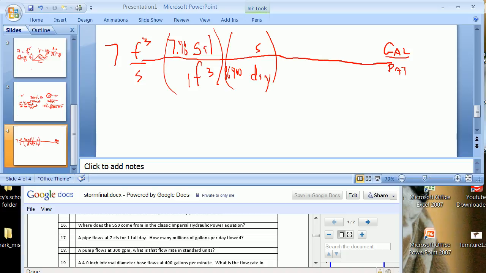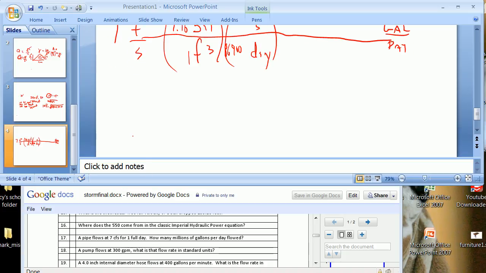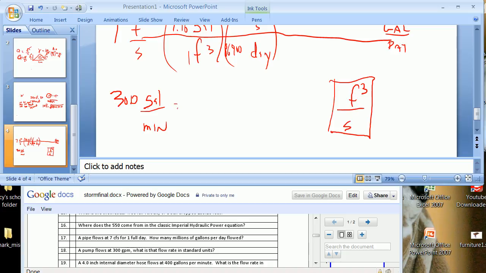A pump flowing at 300 gallons per minute. What's the flow rate in CFS? Once again, a straight conversion calculation: 300 gallons per minute to cubic feet per second. This, of course, is the standard we are always shooting for, even though we're given gallons per minute whenever we're dealing with pumps.